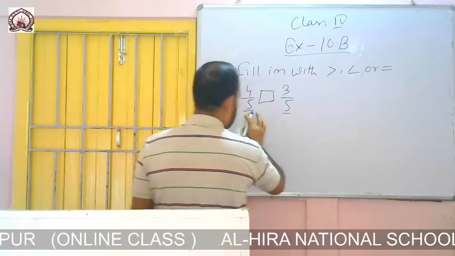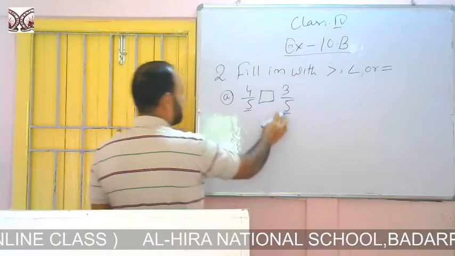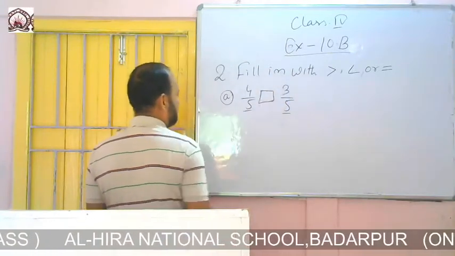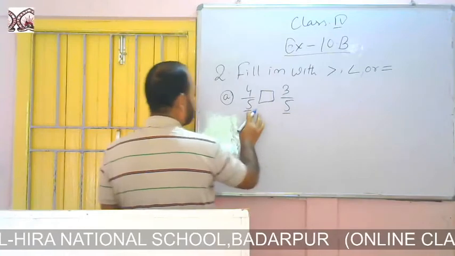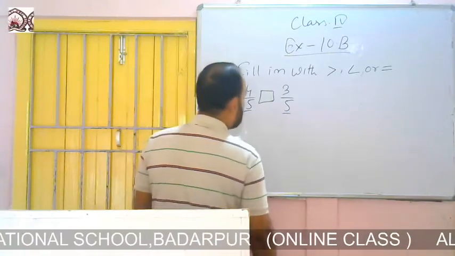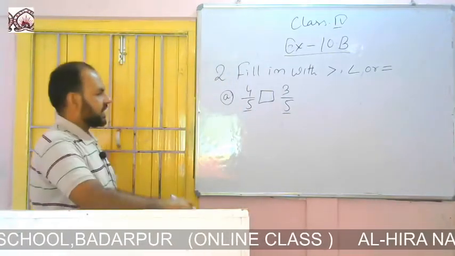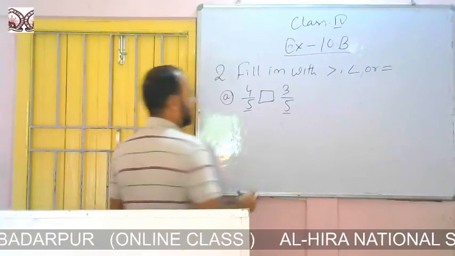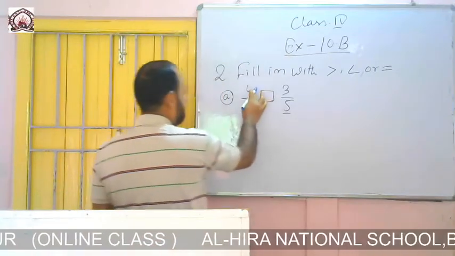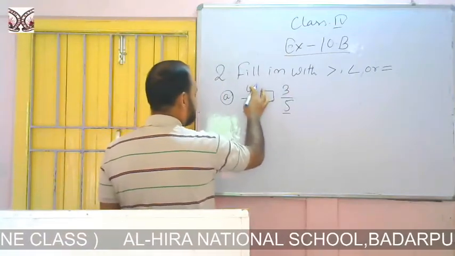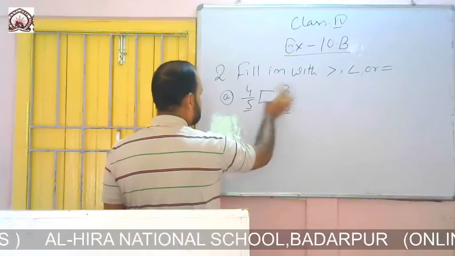So here the denominator 5 is the same, we compare the numerators. Here 4, here 3, 4 is greater than 3.